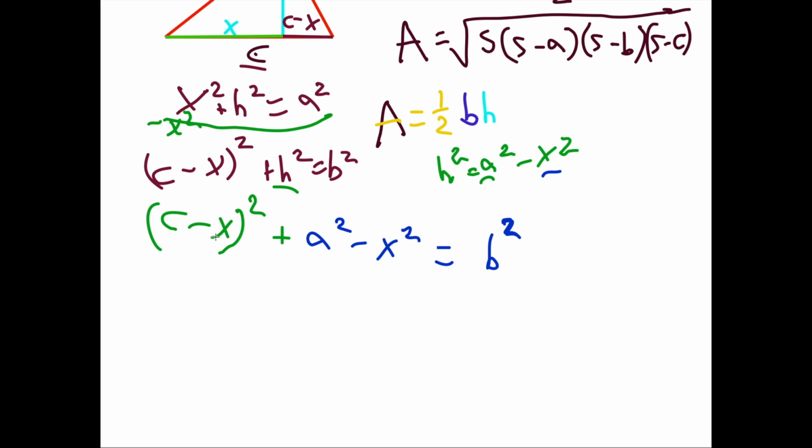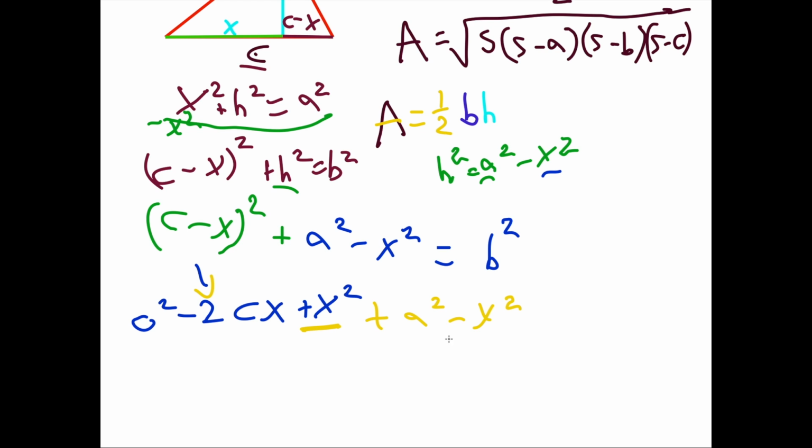If you know FOIL, and you should, you don't have to square polynomials, you get c squared minus 2cx plus x squared, right? That's this thing. Now what we do is plus a squared minus x squared.